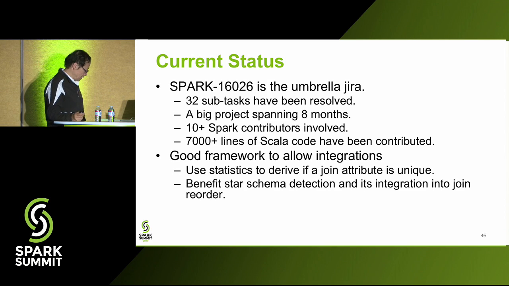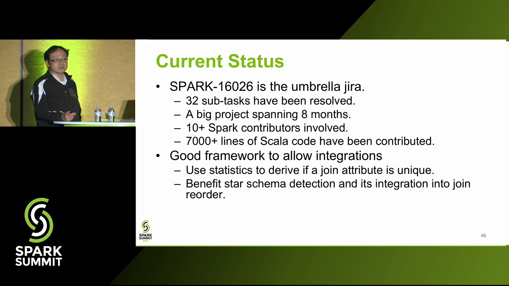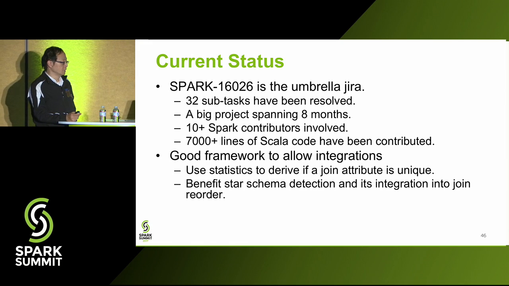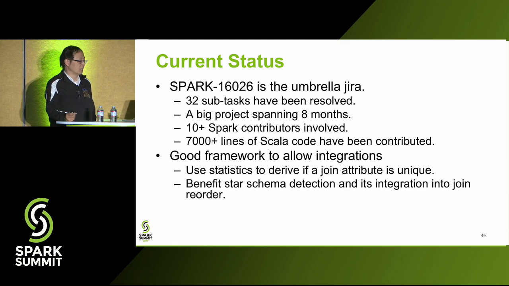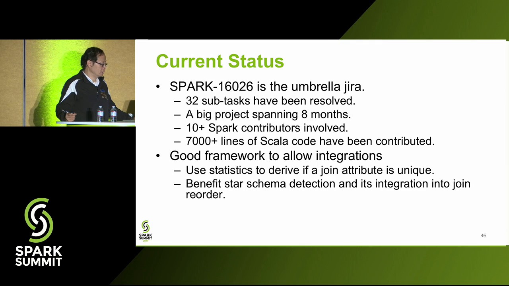The CBO project itself is a big project. We started at the end of last August, and until the middle of April it has spent about 8 months. More than 10 Spark contributors were involved, and we contributed more than 7,000 lines of Scala code.